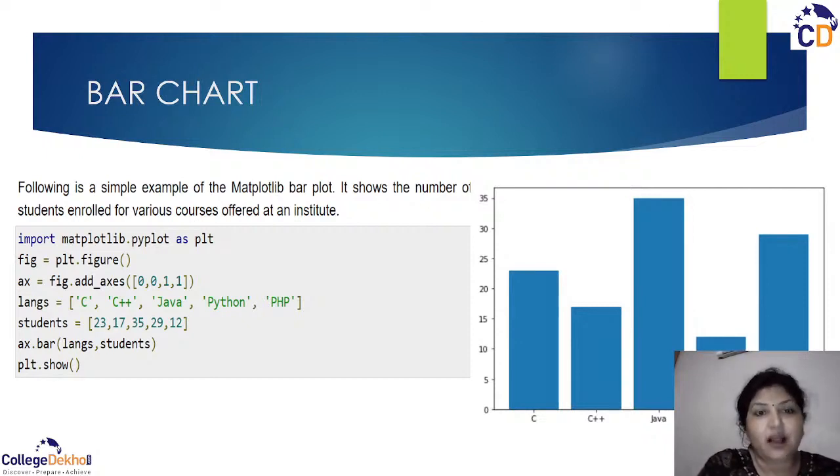Now let us see how we plot this bar chart using Matplotlib. Taking an example of a Matplotlib bar plot, it shows the number of students enrolled for various courses at an institute. The courses could be C, C++, Java, PHP or Python.